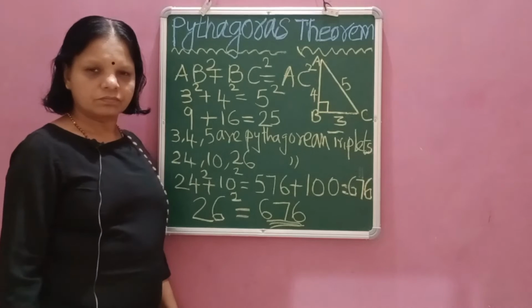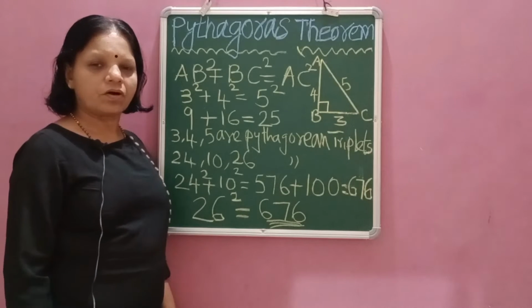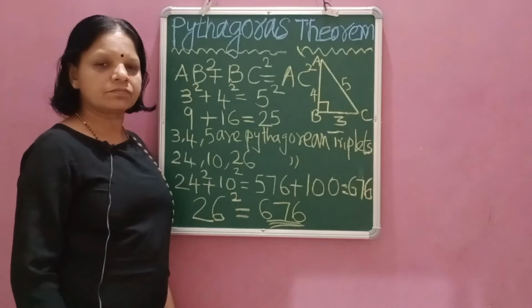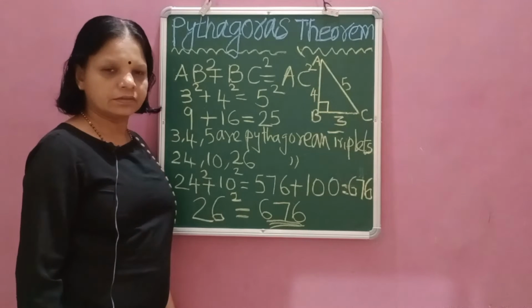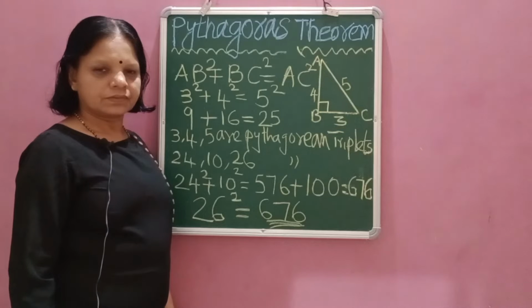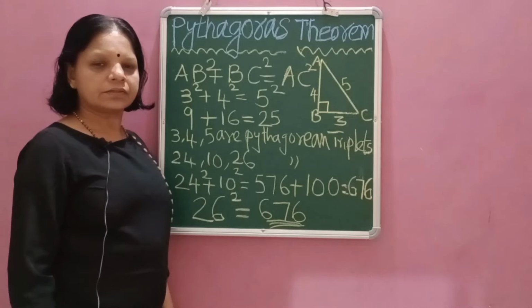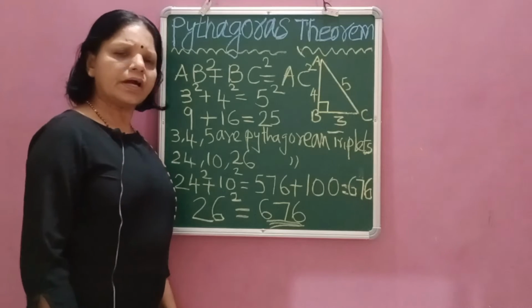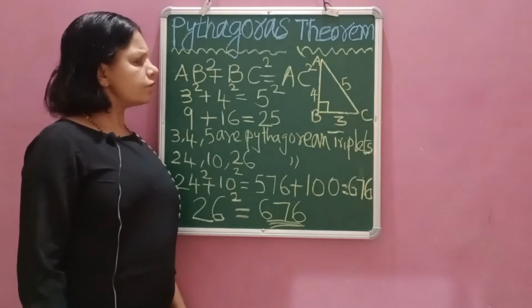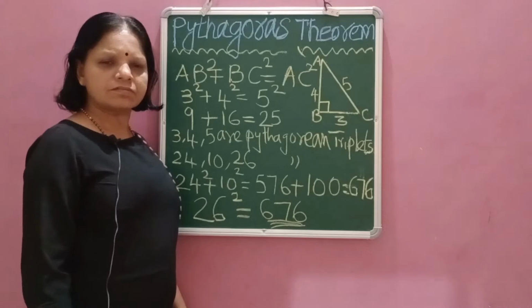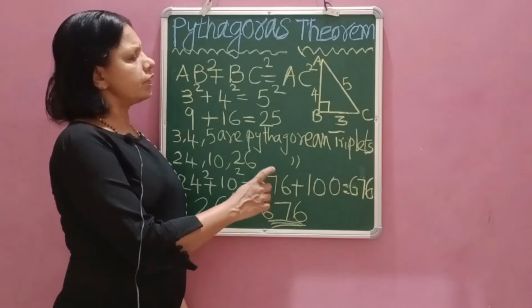What you have to do? Find the squares of all the three sides of the right angle triangle. Clear?